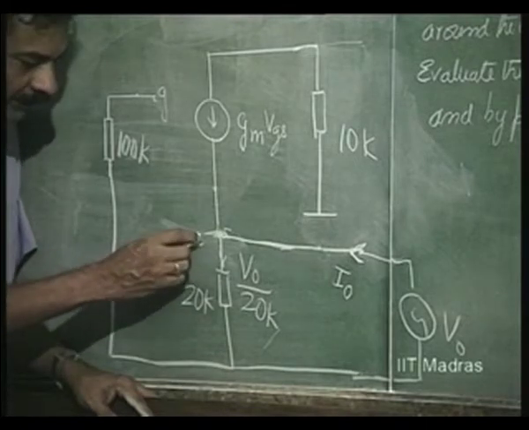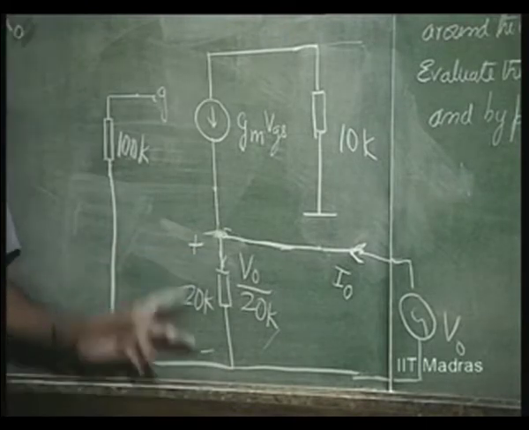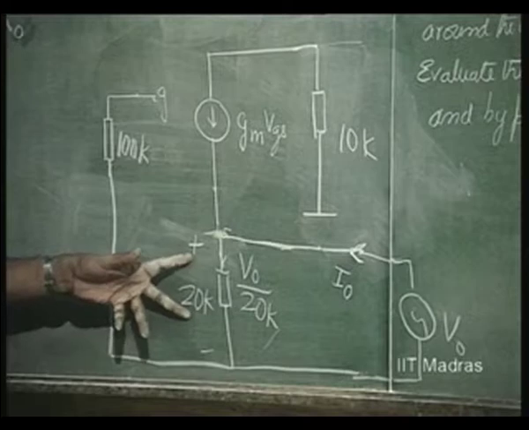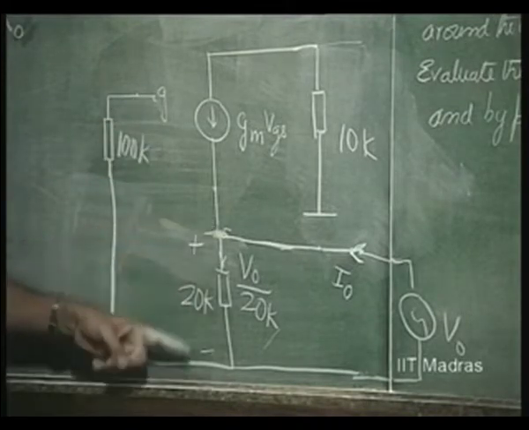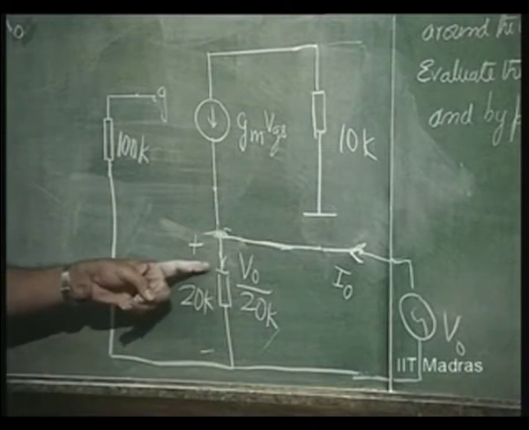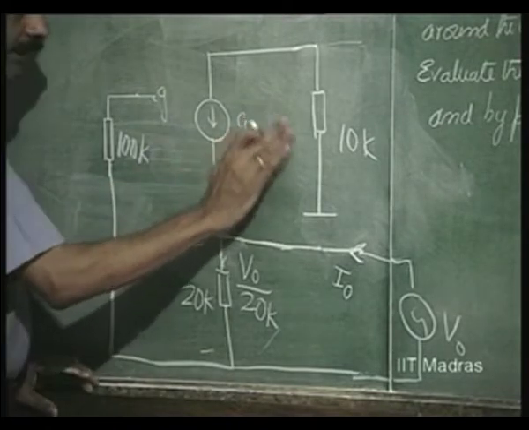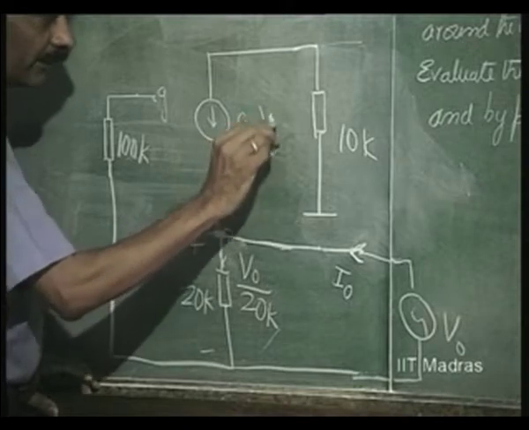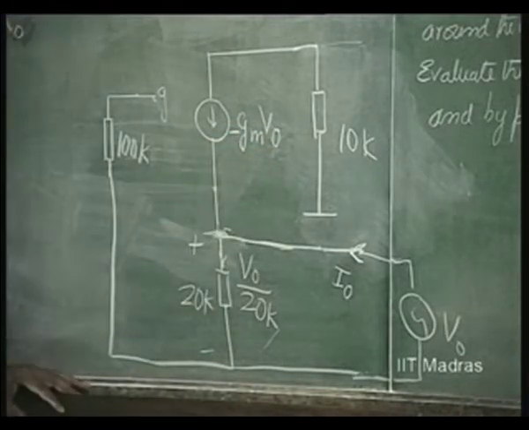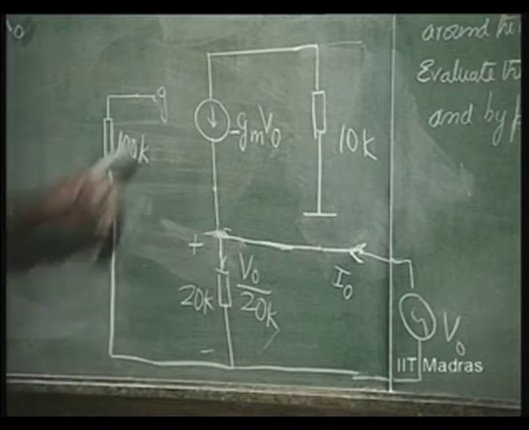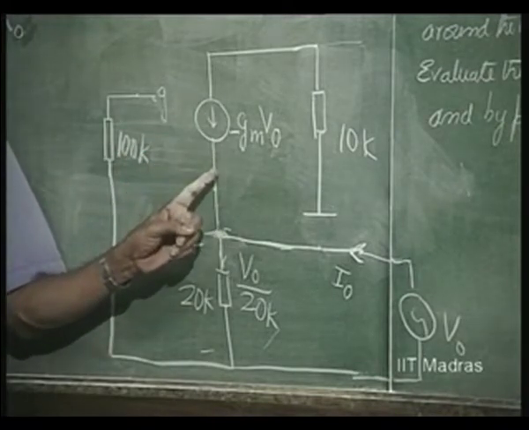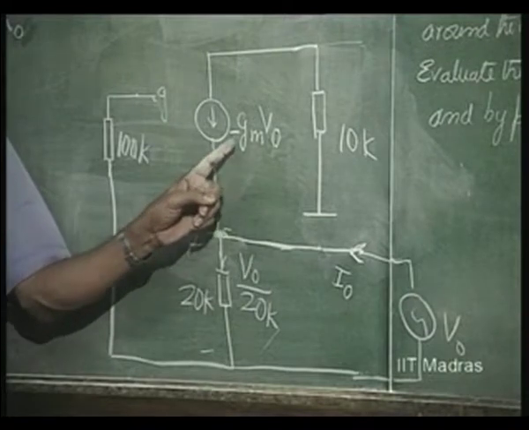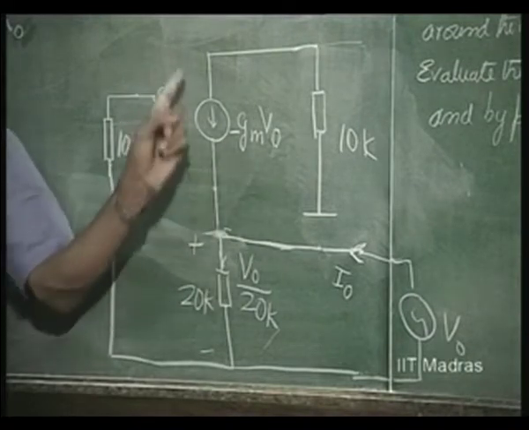And this is V naught, and VGS is minus V naught. So, VGS becomes minus V naught. So, this is a minus GM V naught current source in this direction, or plus GM into V naught in the opposite direction.